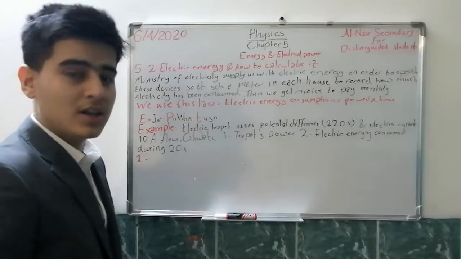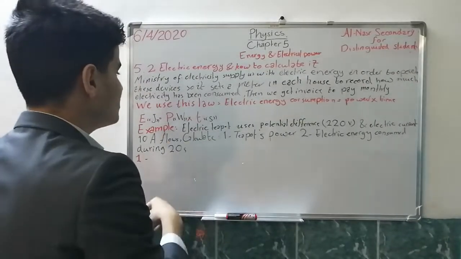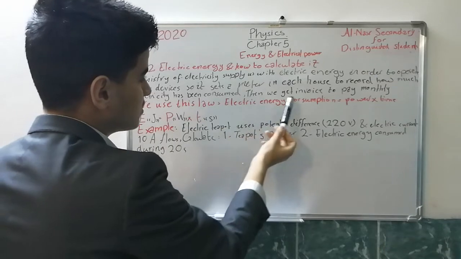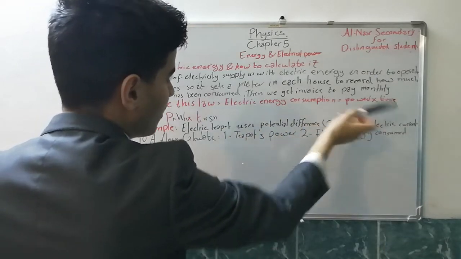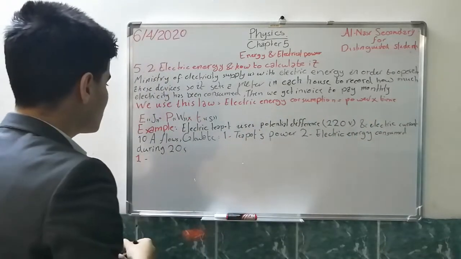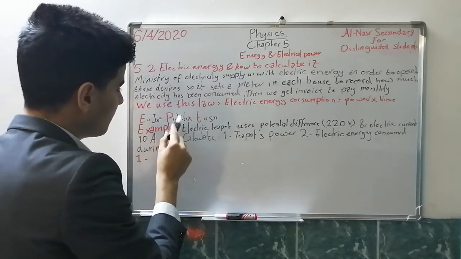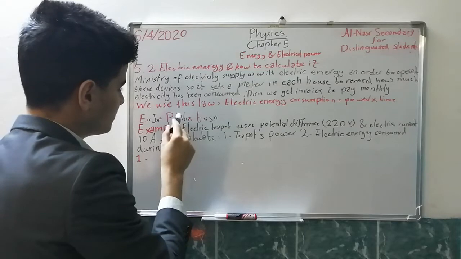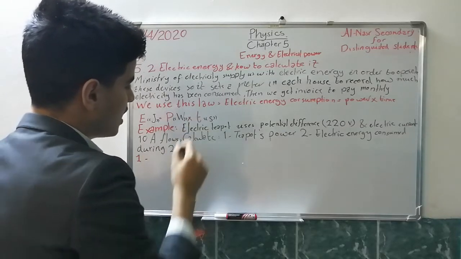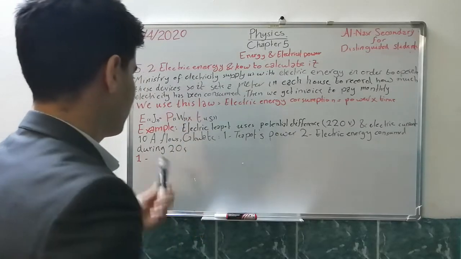If we want to calculate it, we use this law: electric energy consumption equals electrical power multiplied by time, so E, which is in joule, equals power, measured by watt, multiplied by T, measured in seconds.